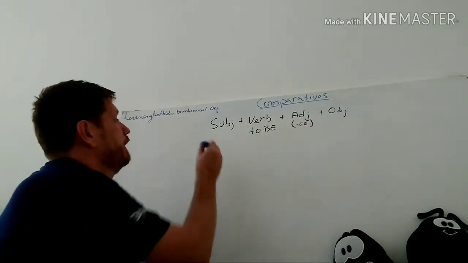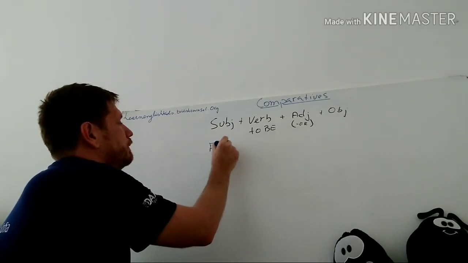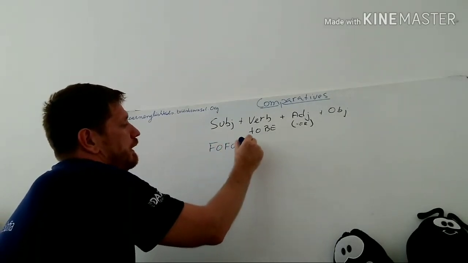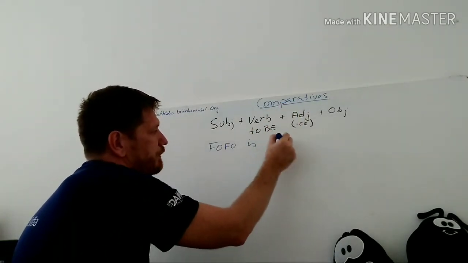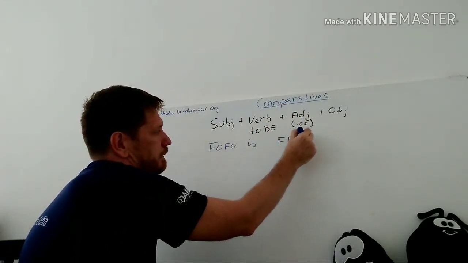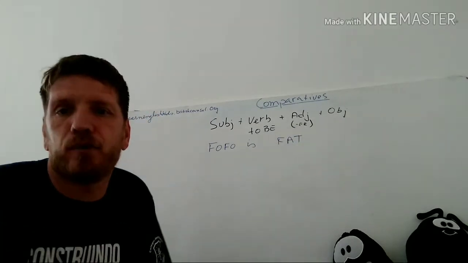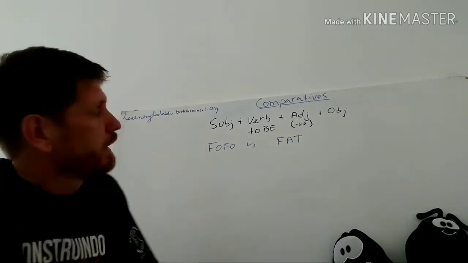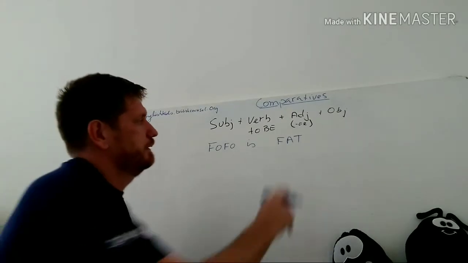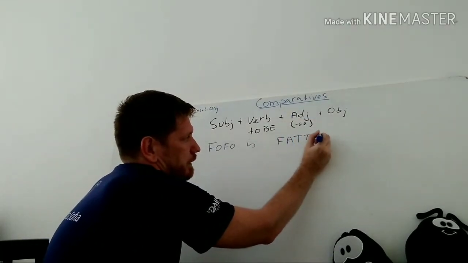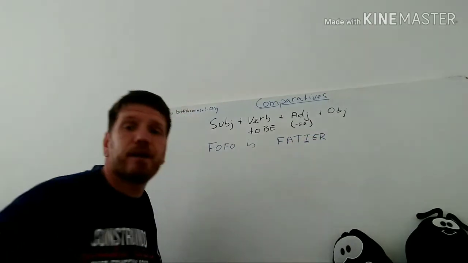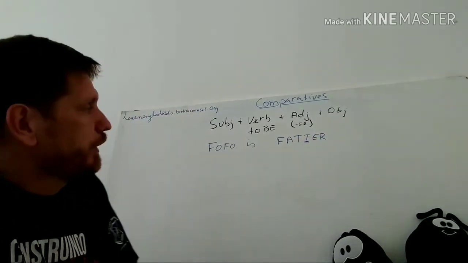So I would say Forfu is the verb to be. We are going to use the adjective fat. I've put it in capital letters so you can see better. Okay, fat. And we are going to add ER, but we have something different here, which I'm going to explain in a minute.